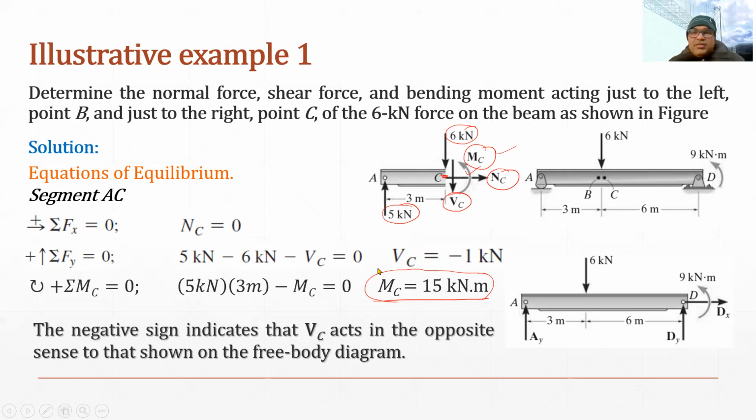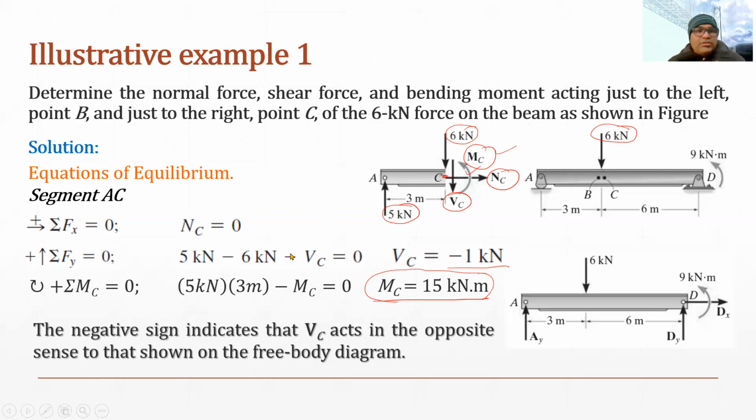In the previous segment AB, the MC direction was the same. The only change is that when we found the shear force at point B, the value was 5, but when we calculate the shear force at point C, the value decreased to 1, which means when there is a point load, the shear force changes suddenly or abruptly.